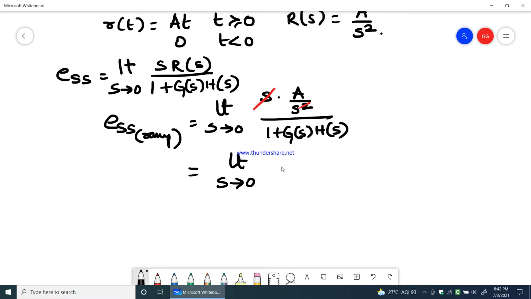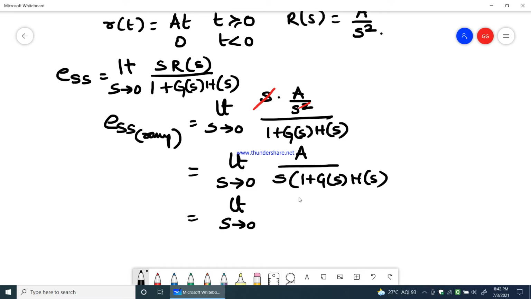So, I will be having A divided by s into 1 plus G of s into H of s, which is equal to limit s tends to 0, A divided by s plus s into G of s into H of s.